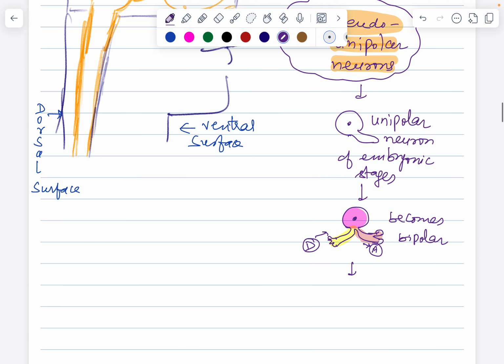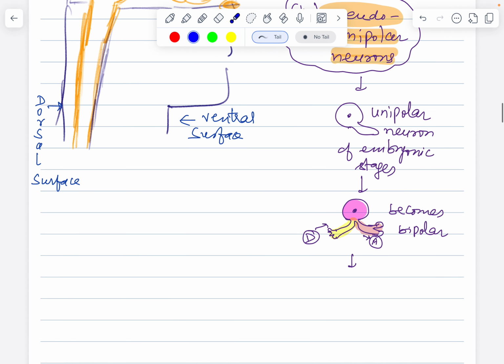So what happens in future to this neuron is that these parts of both the processes, we can notice that both the processes are separate right now, but this part and this part merge together because of their proximity, which means this neuron, where both the processes have once again merged together, may start looking like this.